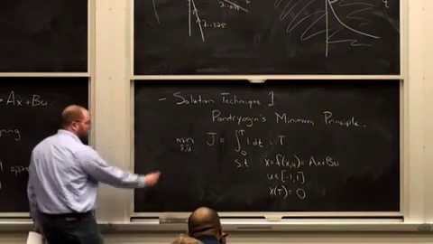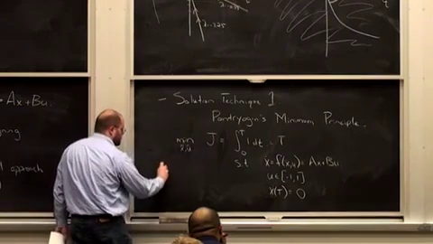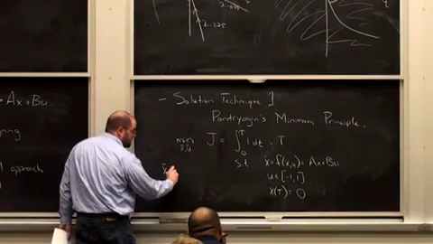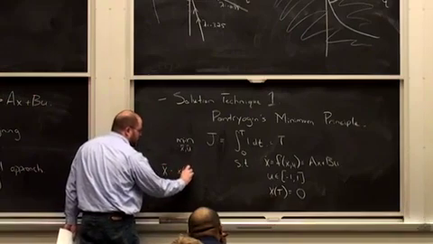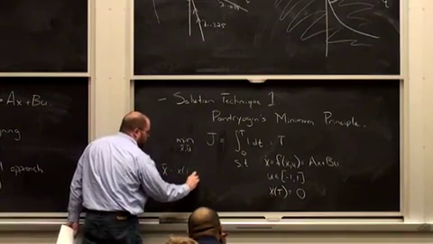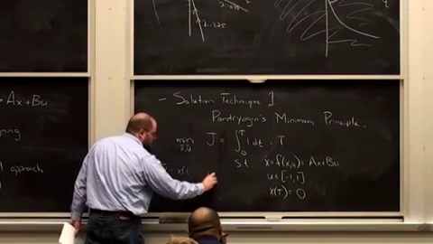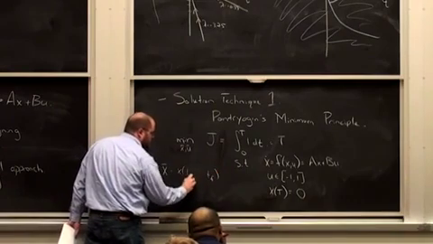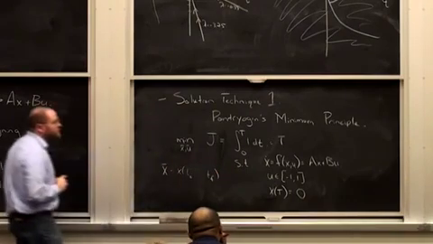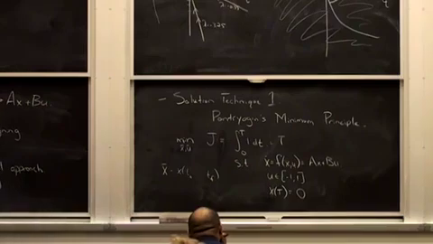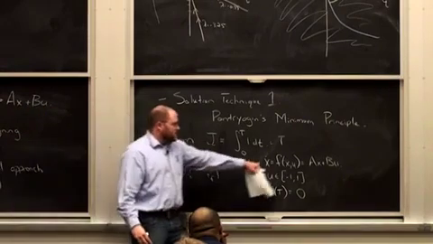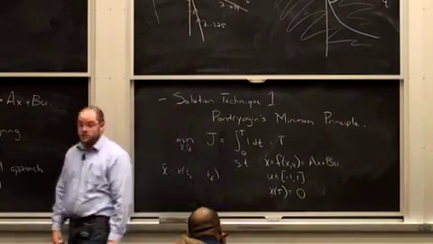I use this overbar to denote the entire time history of a variable like x, from t0 to t final. Okay, that's how we set up the problem. It's just optimizing some function, but subject to a handful of constraints.